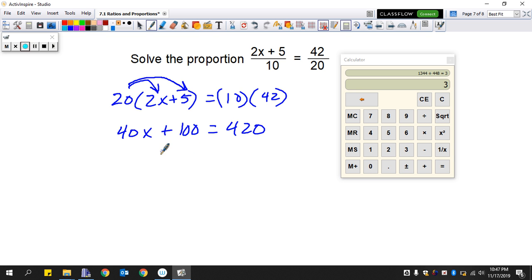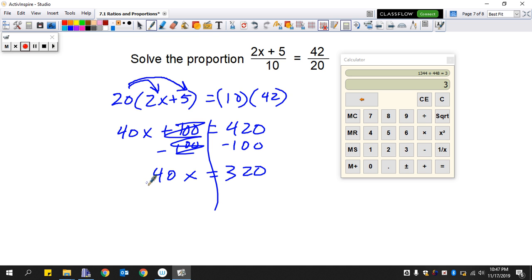Subtract 100. So 40x is equal to 320, divided by 40. x should be equal to 8. 320 divided by 40 is equal to 8. Yep. All right, and one last problem.